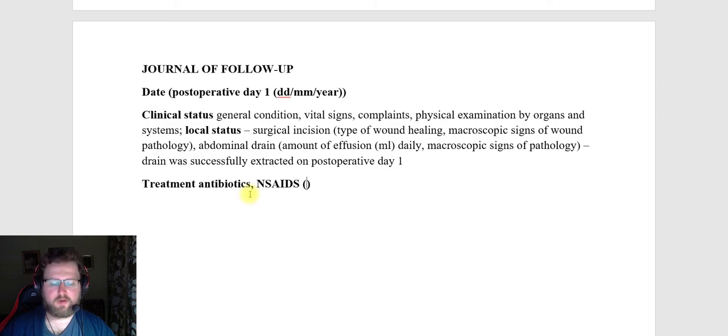Here you write down the daily dosage and way of administration. That is per oral, intravenous, or via intramuscular injection.